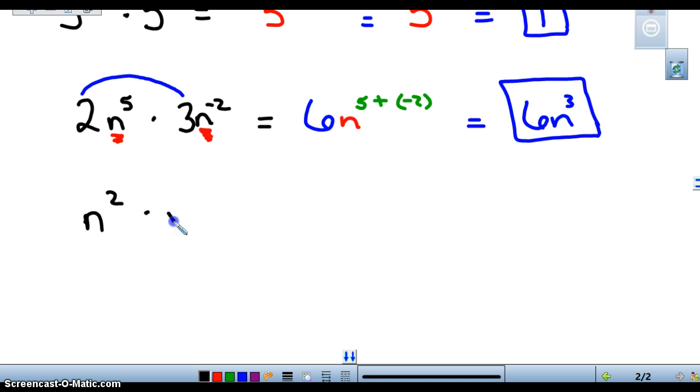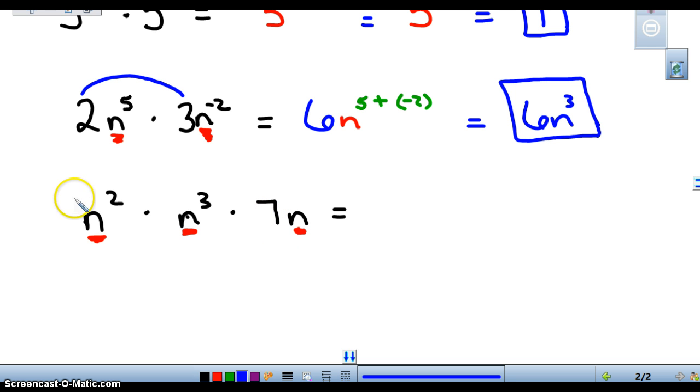N squared times n cubed times 7n. Mauricio, what is our base here? N. Okay, so what would you do with that 7? Mauricio, just leave it there was fine.